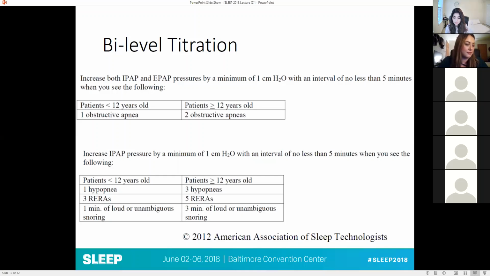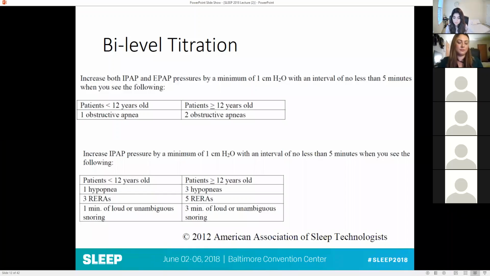I remember when I was a fellow, I'd always be like, why didn't they do this? And then during my sleep fellowship, I had to do a couple titration studies. It's kind of hard to do while you're doing it on the fly, looking at the patient, making sure they stay comfortable. But thankfully at WVU, we've got some really good techs who help us.